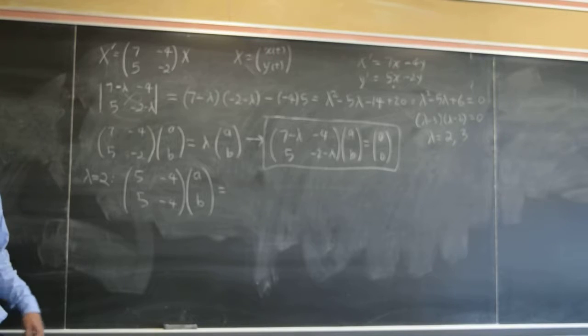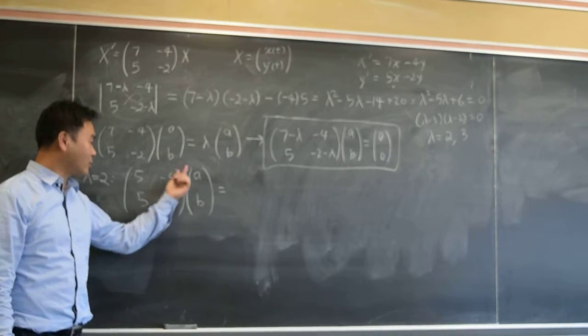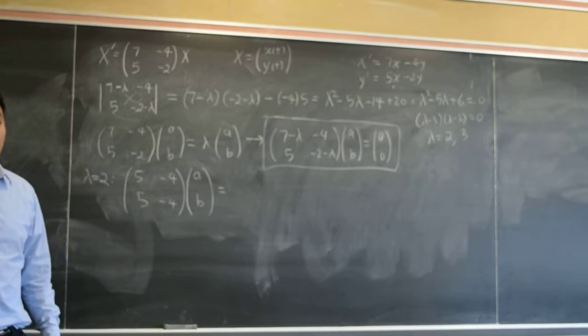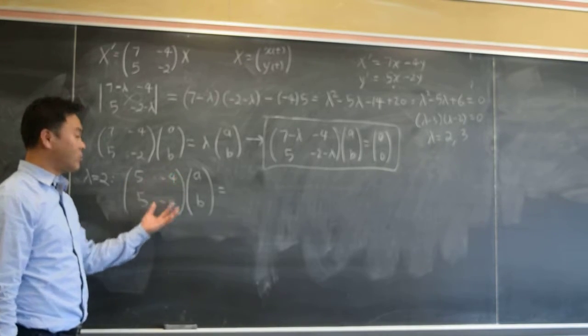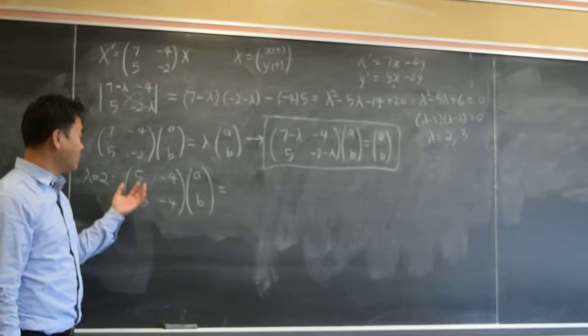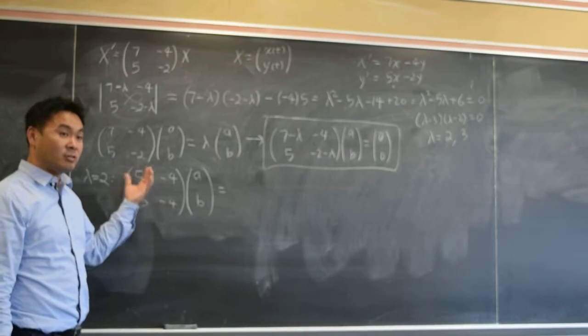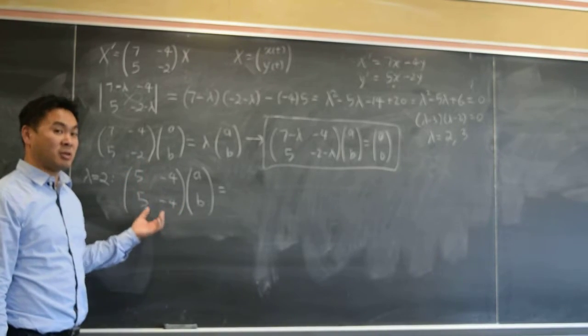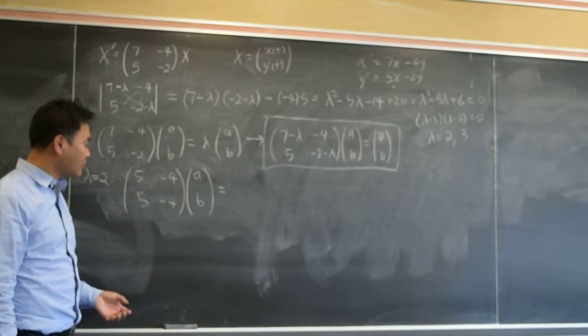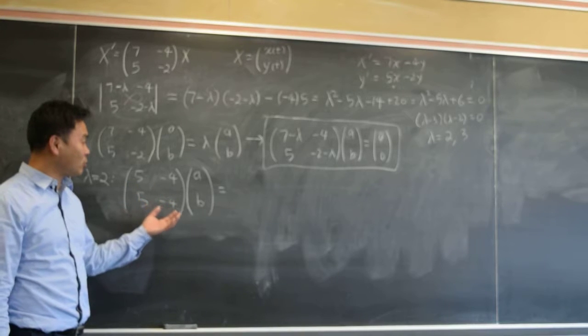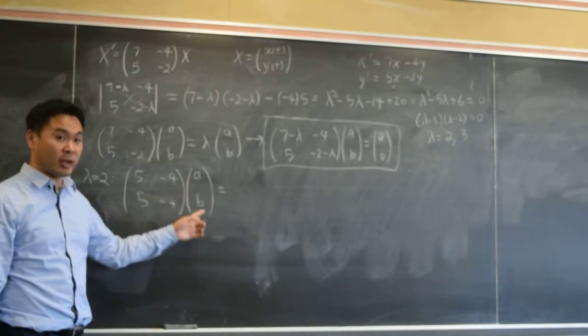And I talked about how the second line doesn't do anything. Another way to say it is that this matrix is a degenerate matrix. If you take the determinant, it's 0. 0 determinant means it doesn't have an inverse, and that's what enables you to find a non-zero solution for (A, B).